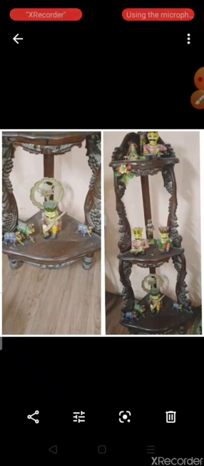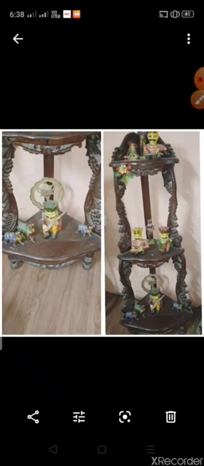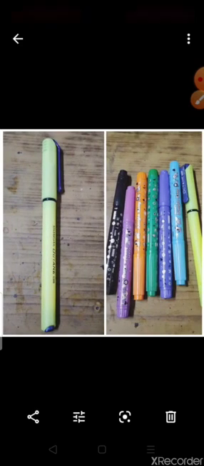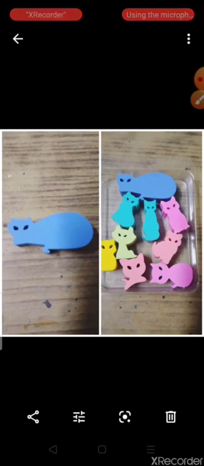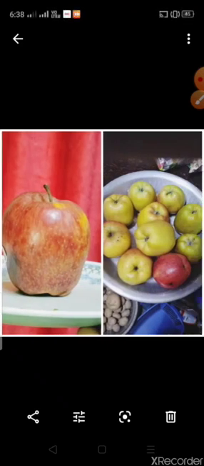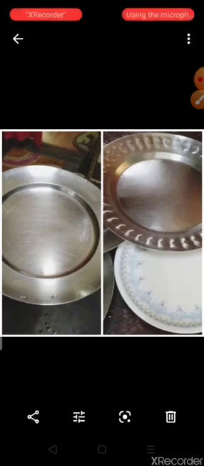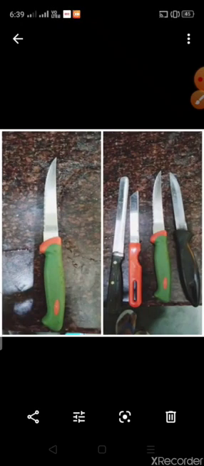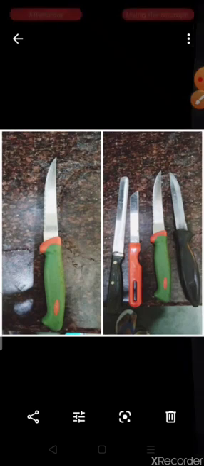Now, in this picture you can see: shelf, shelves, glass, glasses, pen, pens, cat, cats, cup, cups, leaf, leaves, apple, apples, chair, chairs, bottle, bottles, plate, plates, knife, knives.